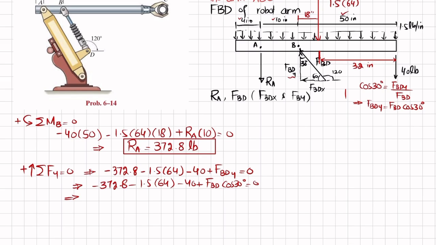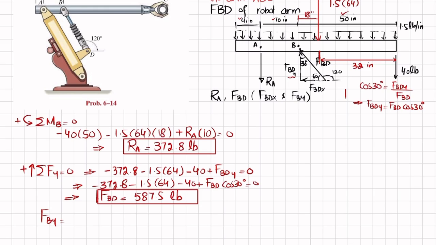So when you solve this, you will get FBD comes out to be 587.5 pounds. Okay, we will find its vertical component, which is the FBD y component.